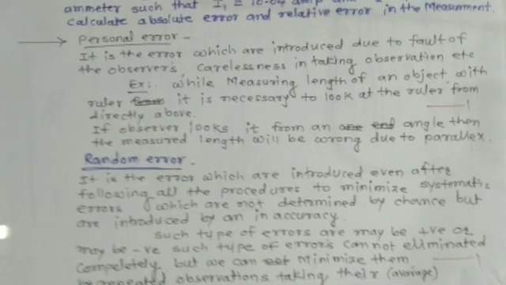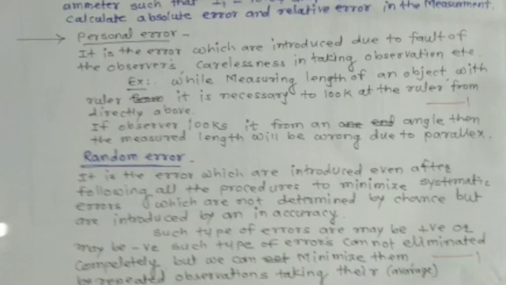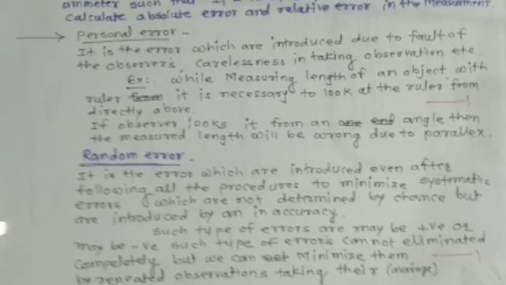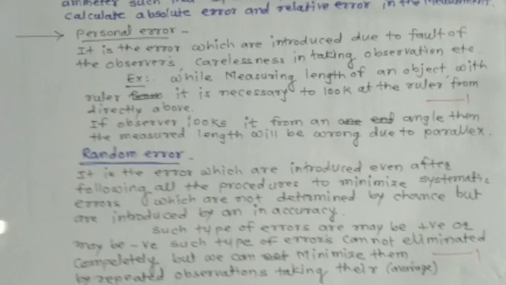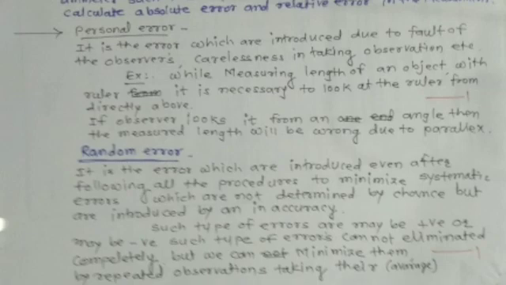If the observer looks at it from an angle, then the measured length will be wrong due to parallax.